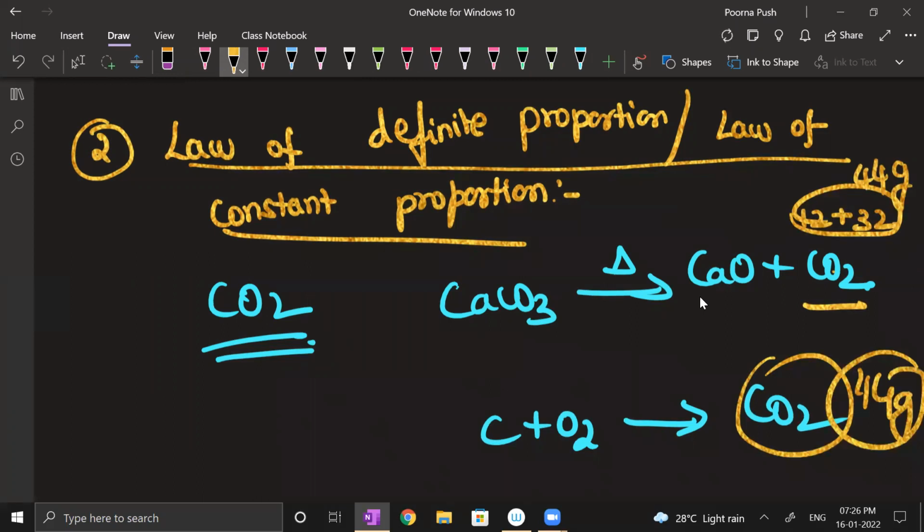However the source of preparation, the mass remains the same, then it is called law of definite proportion or law of constant proportion. Understood? Any doubt? However you prepare it, its molecular mass is the same, it doesn't change.